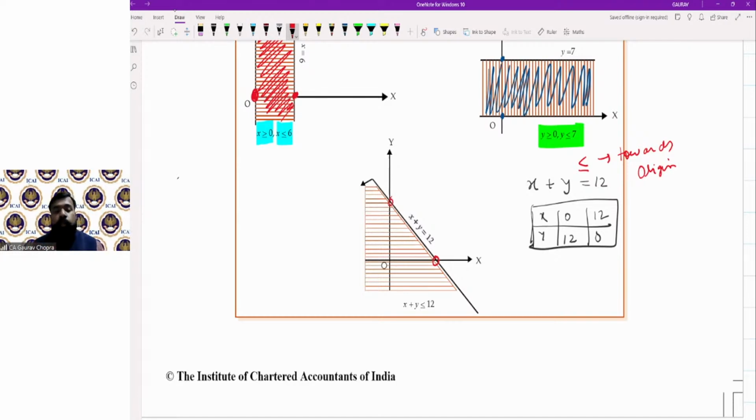We are proceeding towards the origin. Okay, so here it is less than. तो लेस देन का मतलब क्या है, we have to go inside. So this is the required area.